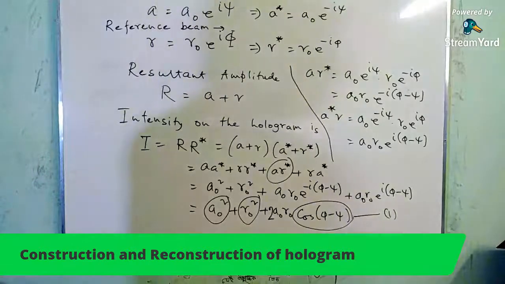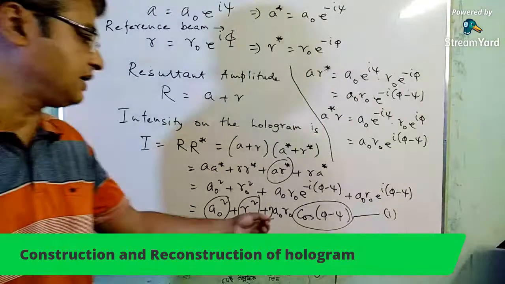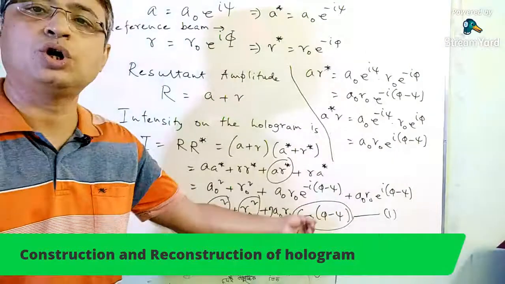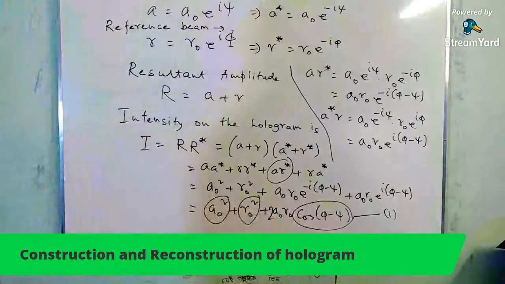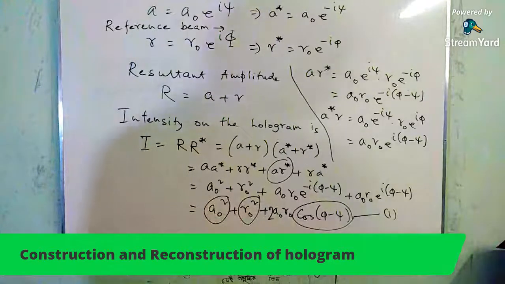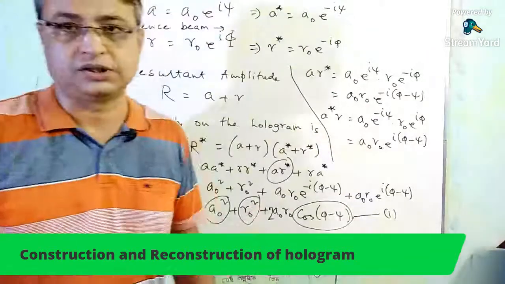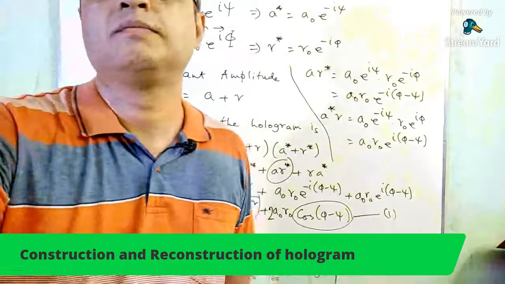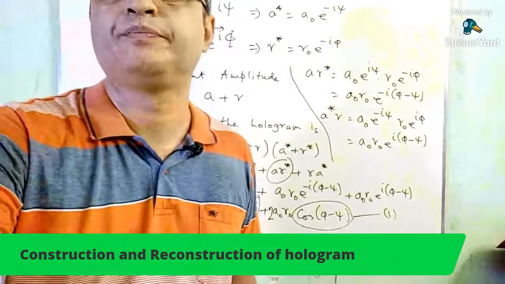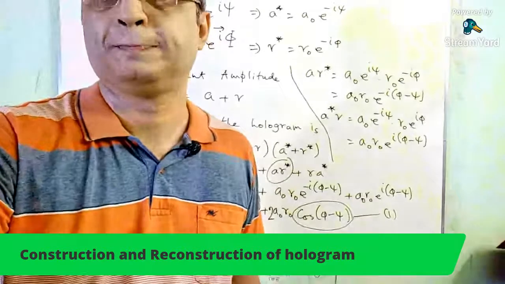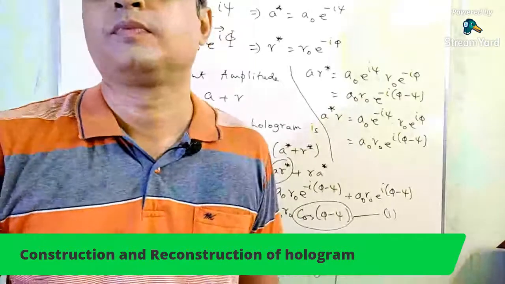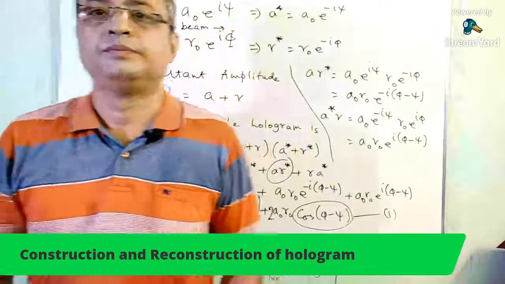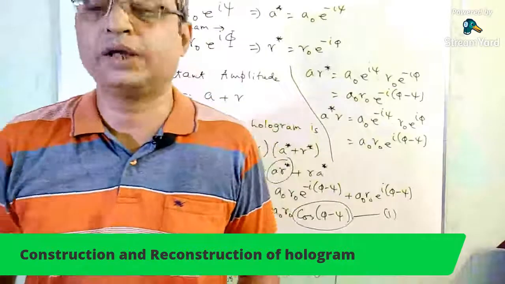And the third term, twice A0 R0 cos phi minus psi, gives us the phase relation or the phase information. Okay, now this is the construction process. Is it okay? Just give me a feedback.